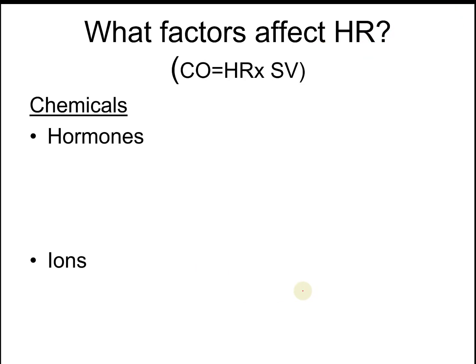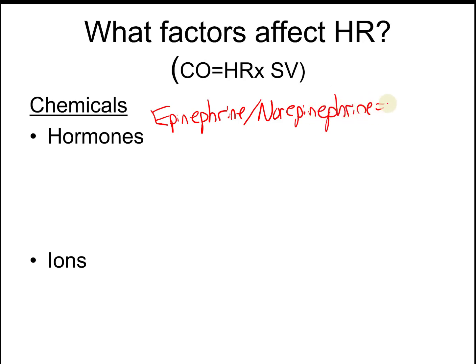There are other things that affect your heart rate, chemicals. So we have hormones, ions, and toxic chemicals. So for a couple of examples, if we look at epinephrine and norepinephrine, remember that these are hormones secreted by the adrenal medulla.